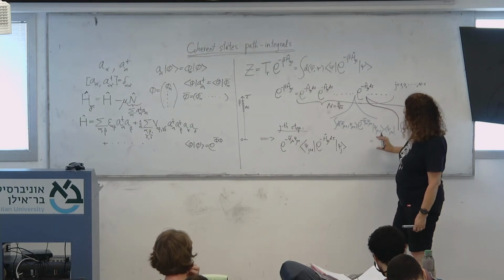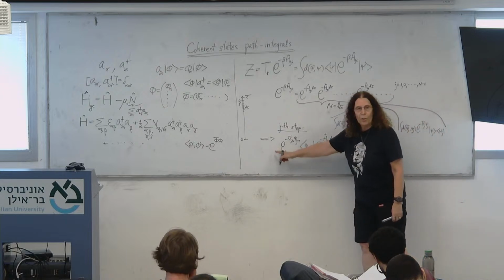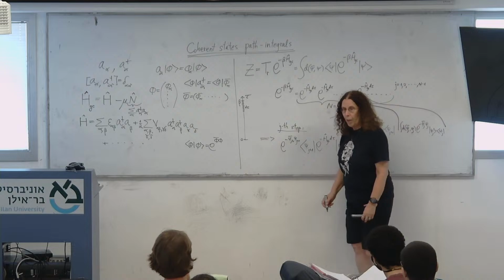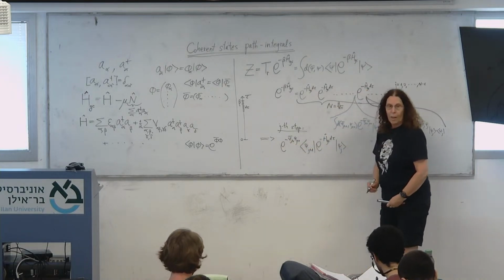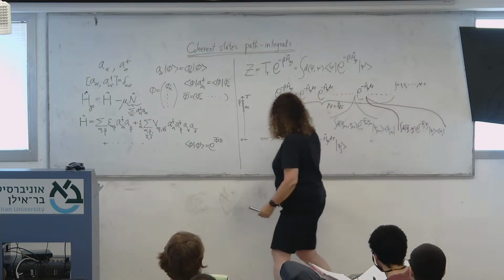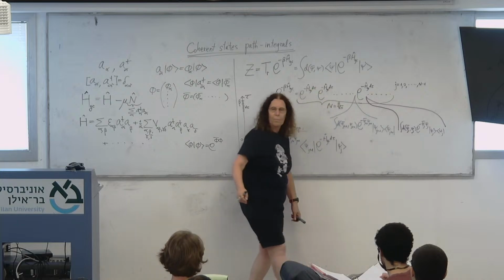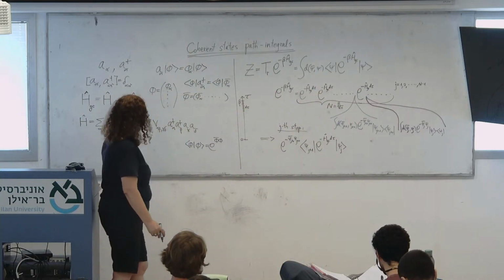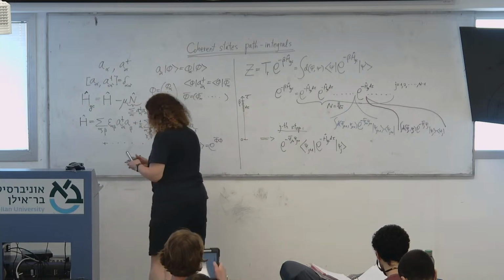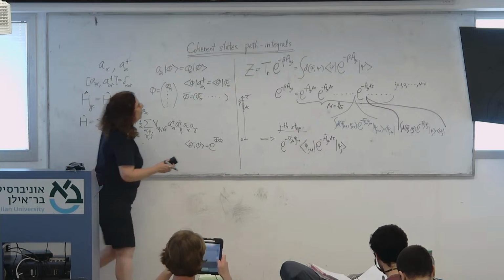So this is what we get in the end after we finish putting all these resolutions of identity. We get a product over j of such things, and I'm integrating over all these differentials. That's what we're going to get in the end. And let me write it more nicely.